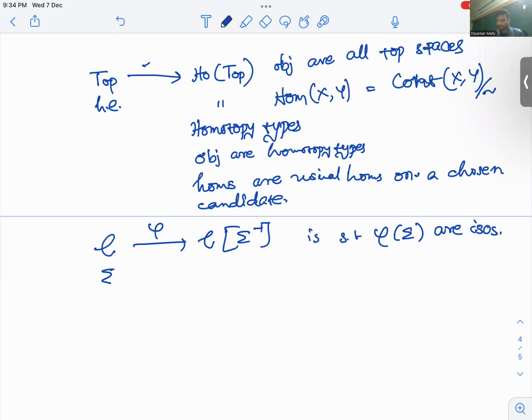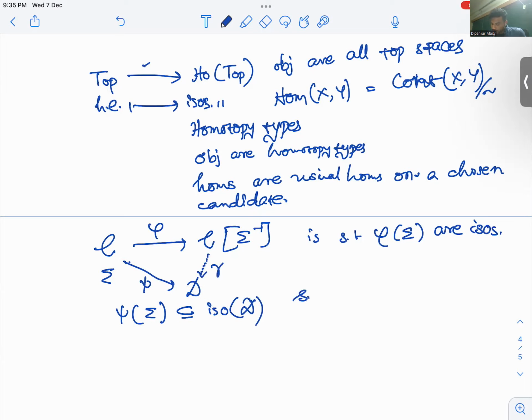In the case of topological spaces, homotopy equivalences were being taken to isomorphisms, right? And this was the smallest one among all such. And the smallest condition is stated as follows: if there is any other category T and any functor psi from C to T such that psi of sigma are also isomorphisms in T, that is, psi of sigma is contained in iso, then there is a unique functor gamma such that gamma composed with phi equals psi.